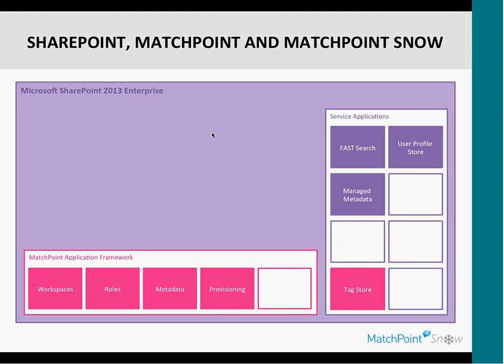We've seen the roles that we can define for various Now workspaces: owners, members, and readers. We've seen metadata that we can configure, and this metadata is implemented using MatchPoint's tagging mechanism, and therefore on the service application side, we need to configure a tag store if we are using MatchPoint Now.